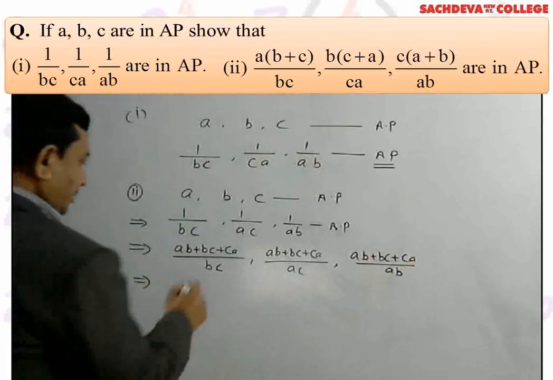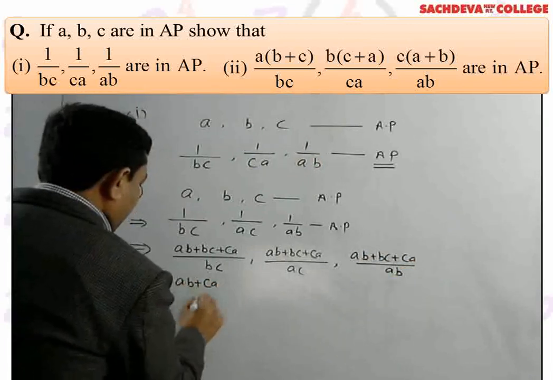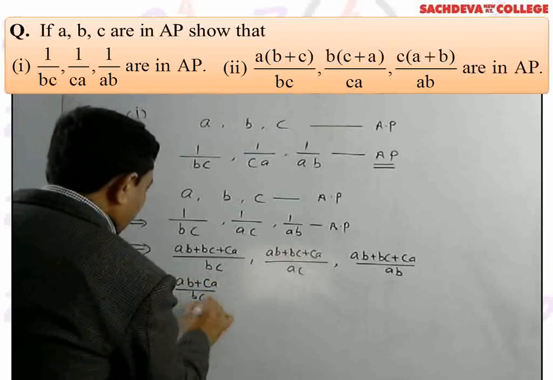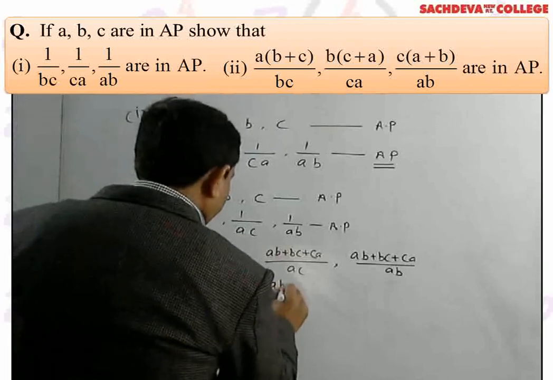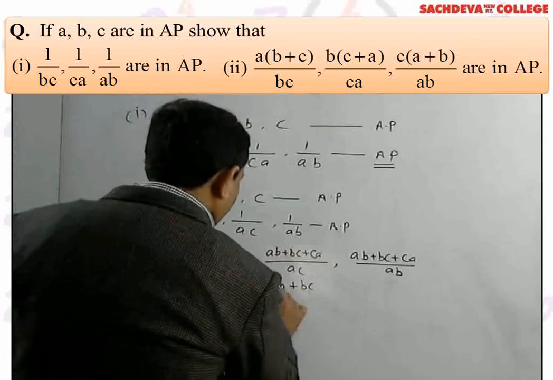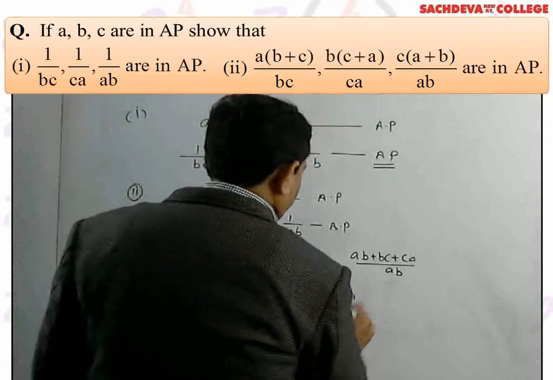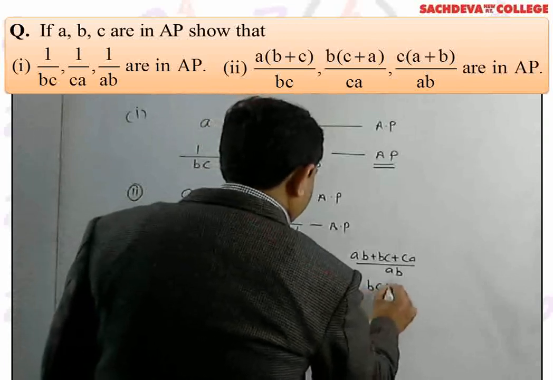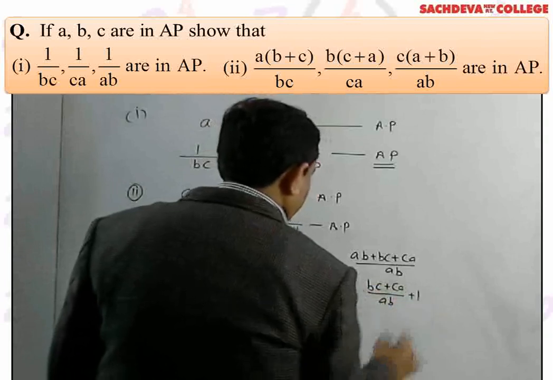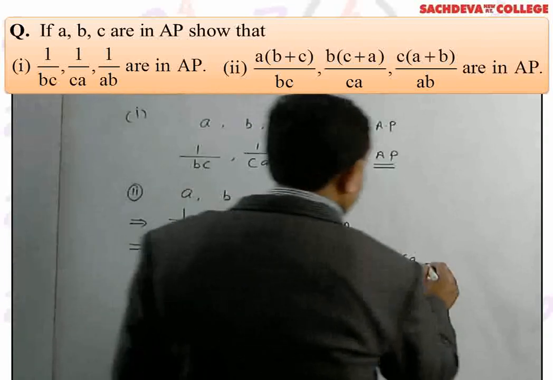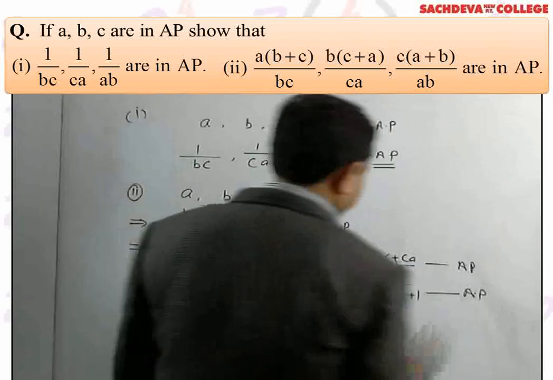Or will be equal to (AB plus CA) upon BC plus 1. This will be (AB plus BC) upon AC plus 1, and this will be (BC plus CA) upon AB plus 1. This will also be in AP.